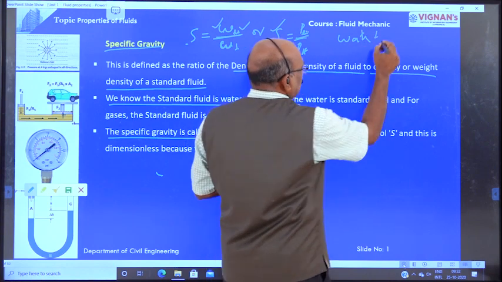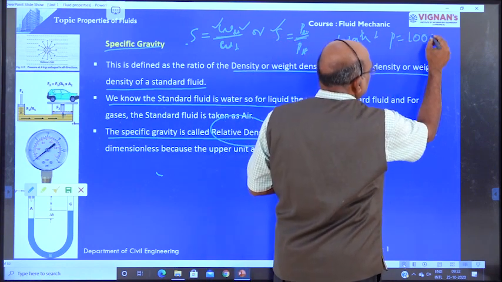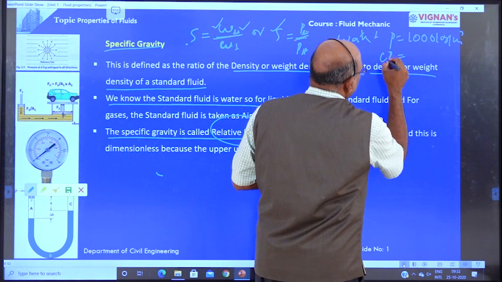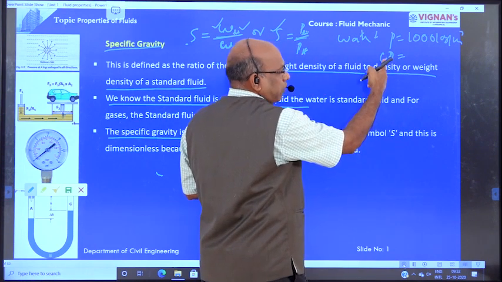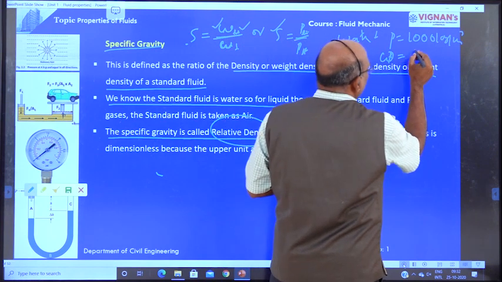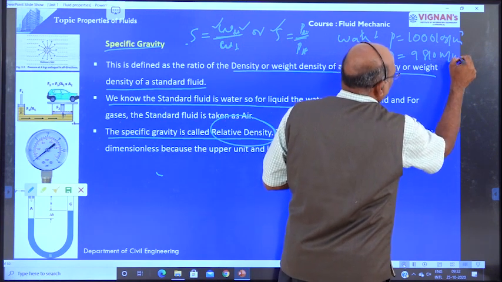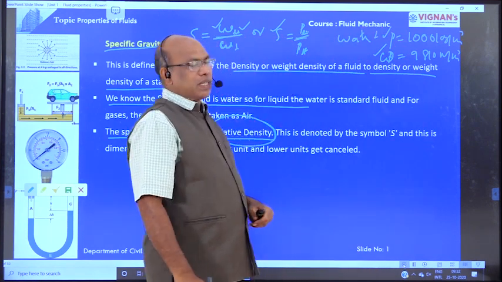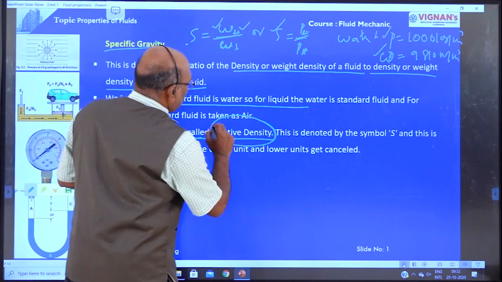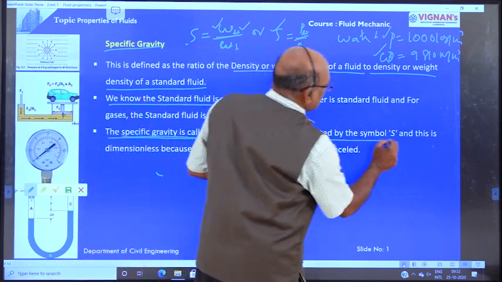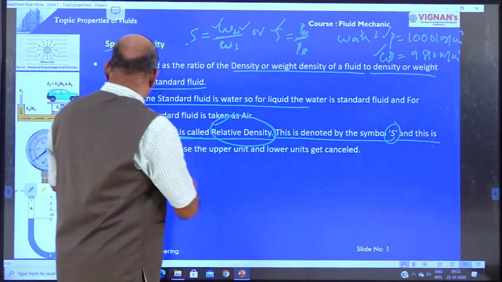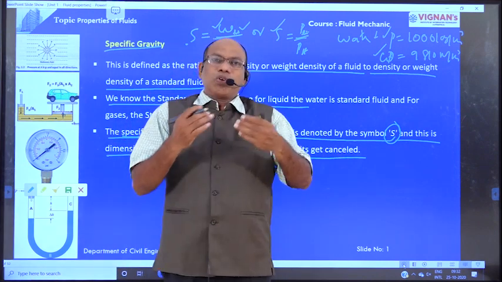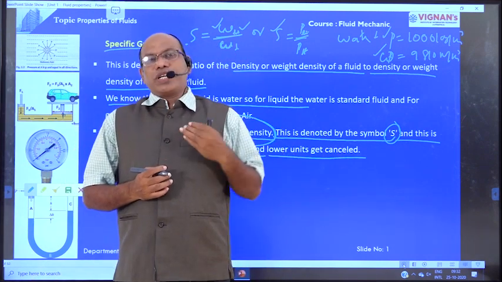In case of water, mass density equal to 1000 kg per meter cube, whereas in case of water, the weight density or unit weight equal to 9810 Newton per meter cube. This is the standard liquid density and weight density. Right? Okay. This specific gravity is also known as relative density. This is denoted by the symbol S. And this is dimensionless because the upper unit and lower units get cancelled, because this is the ratio between weight to weight or density to density.